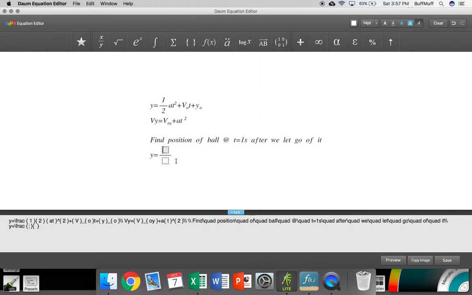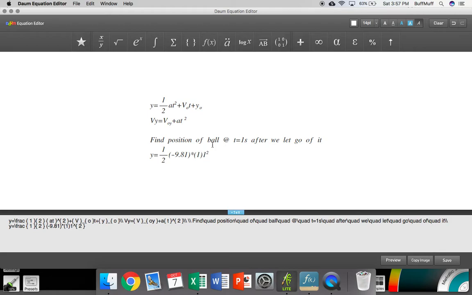So it's a direct substitution: 1/2 of my acceleration. My acceleration, I already know that it's minus 9.81 meters per second squared, times the time. We already know that time is equal to 1 second, and this should be squared.